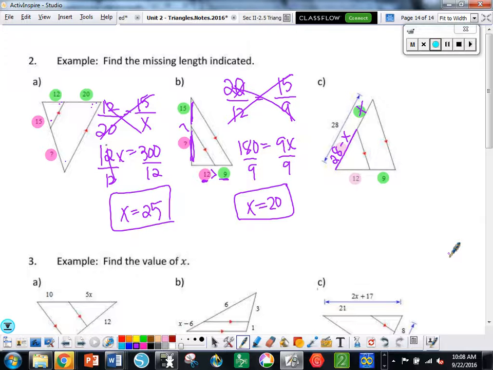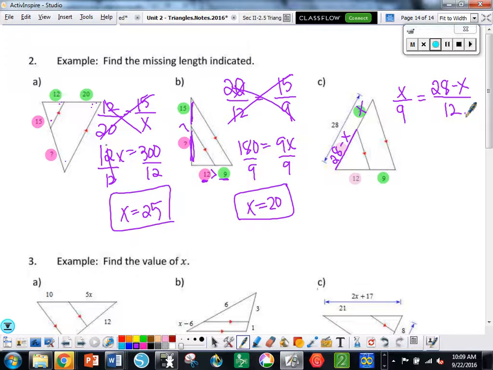I'm subtracting the x. X over 9. Now what do I go next? X over 9. 28 minus x over 12.